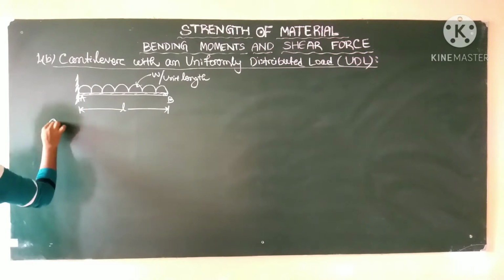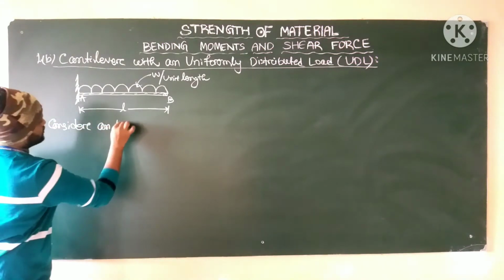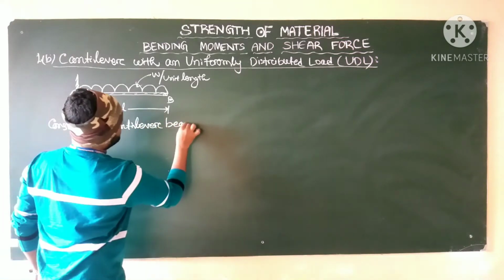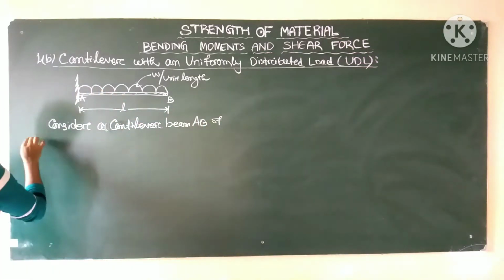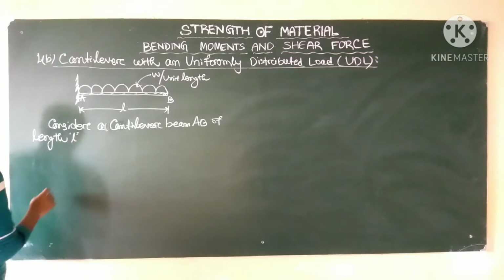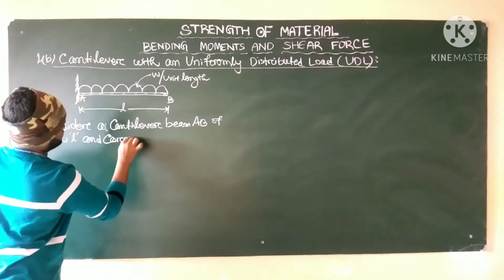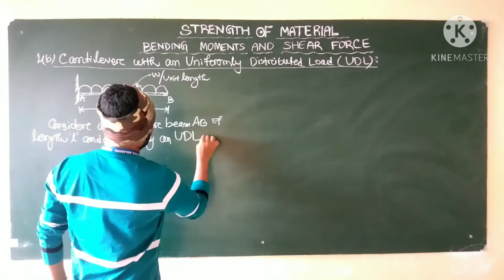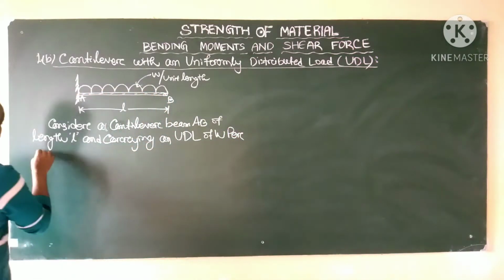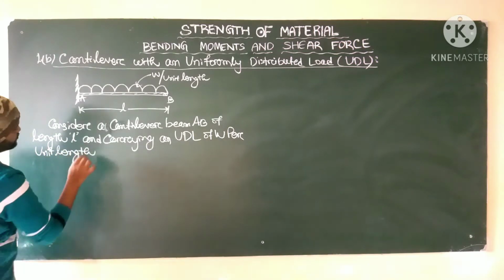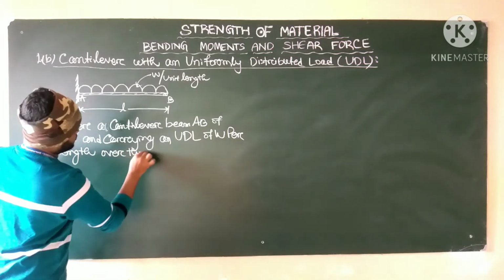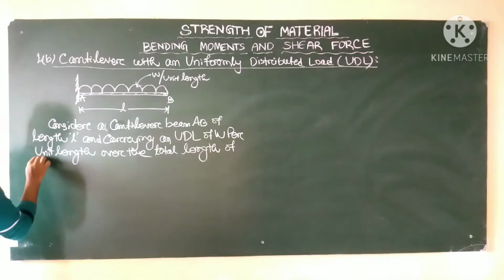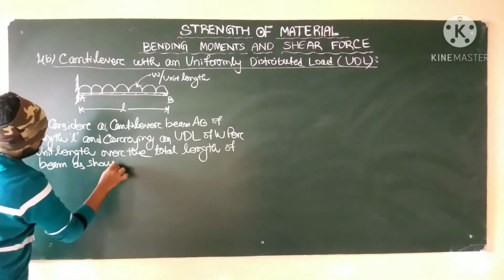So, consider a cantilever beam AB of length small l and carrying a uniformly distributed load, or you can say UDL, of W per unit length for the total length of the beam, as shown in the figure.